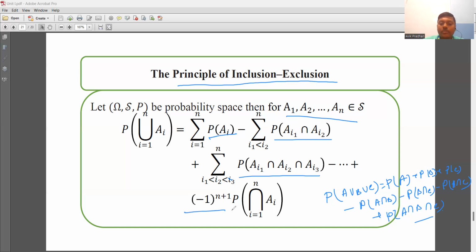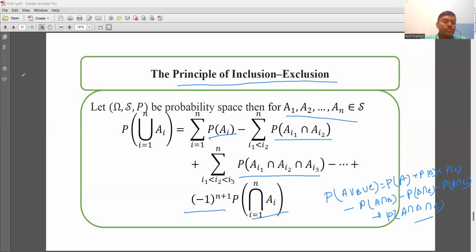The final term will be minus 1 to the power n plus 1, or minus 1 to the power n minus 1, into probability of intersection of all the n events. So that will give us the probability of union of the n events.